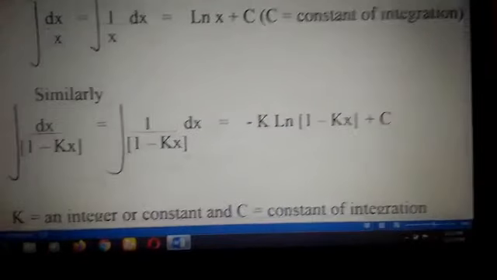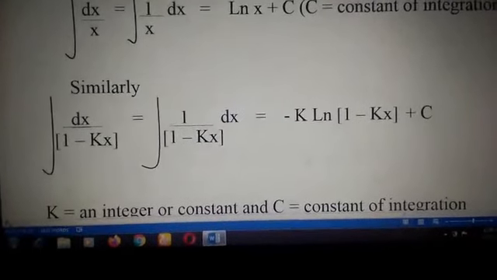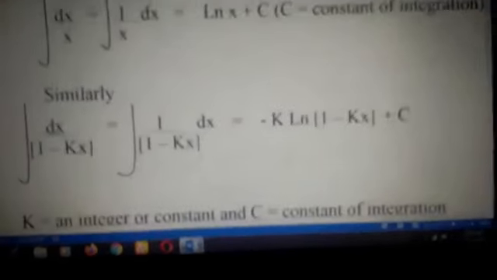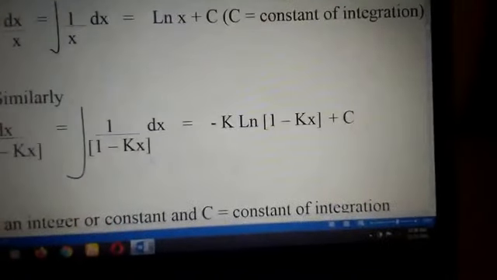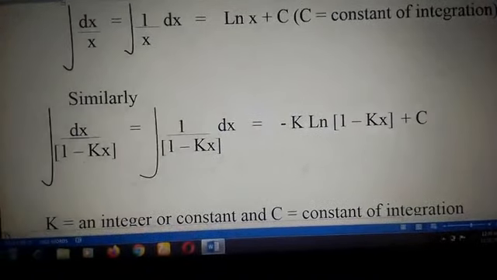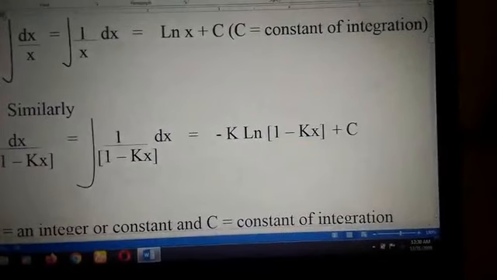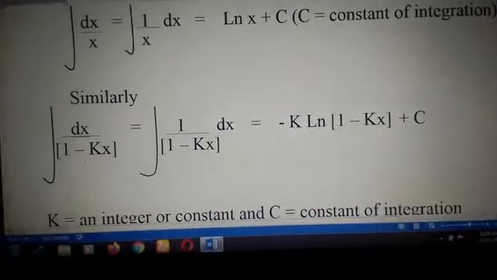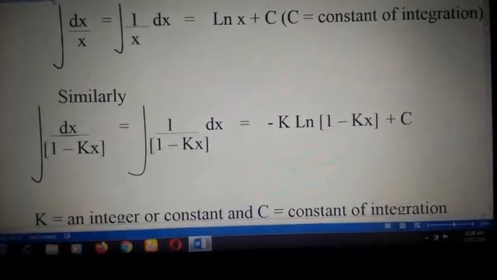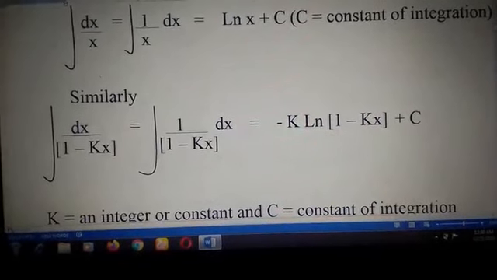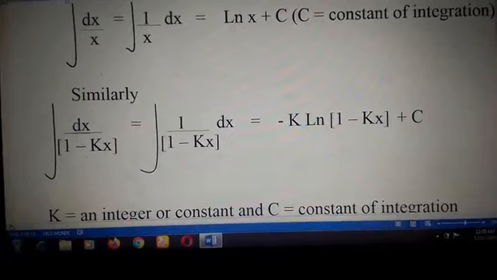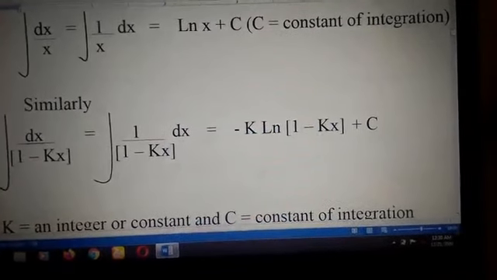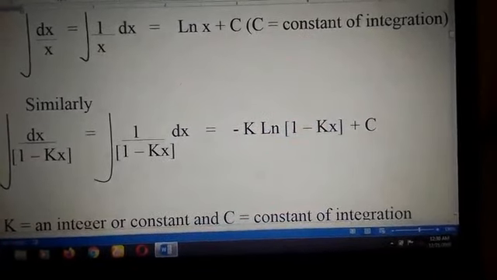So when you have this sum, the integral gives you ln of what you are integrating, what you have on the denominator, ln of it. Then you have to multiply the answer by the coefficient of s. So minus k, where that k should be a whole number or an integer. So if the minus k is 2, I will have minus 2 ln 1 minus 2s.